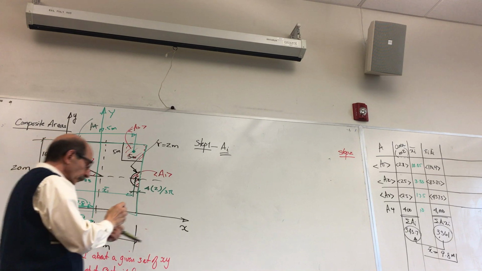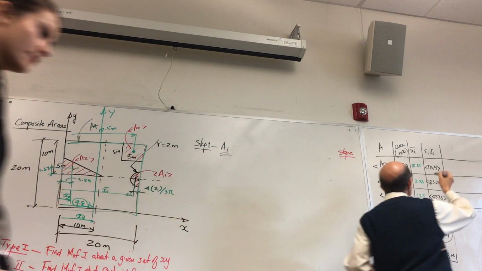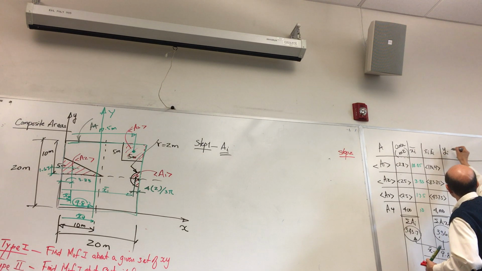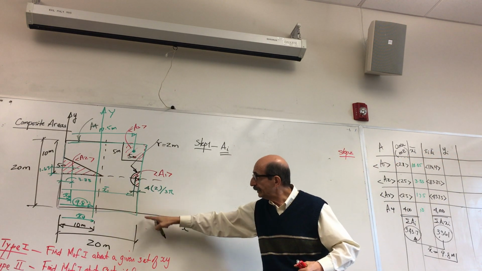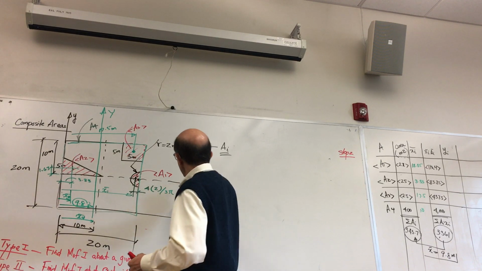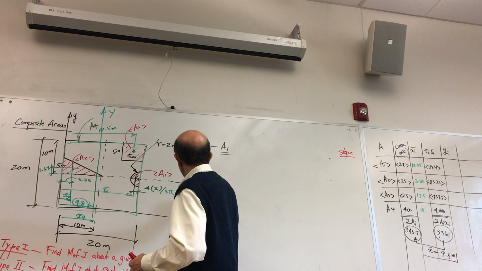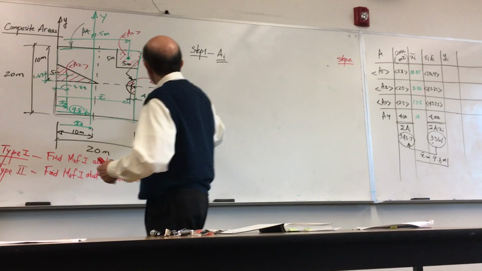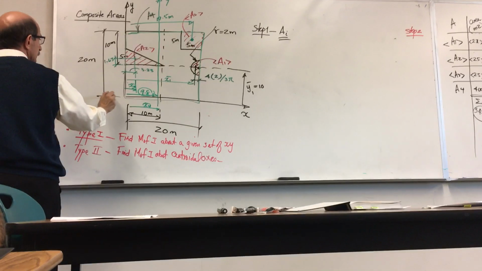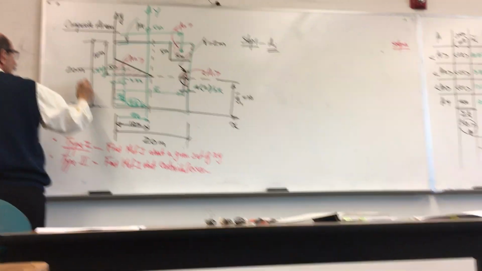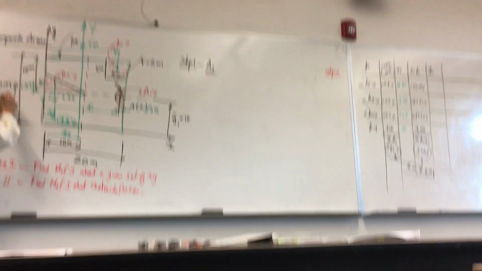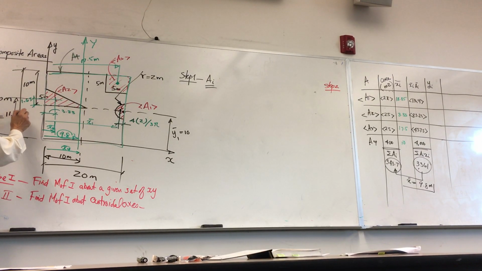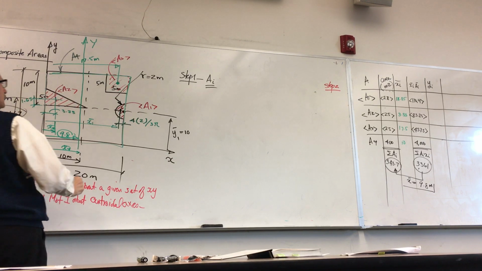So where is it located along this line? You need to find y bar, right? You remember that? So you find yi, okay? For this guy it is this, y1, which is 10. For this guy it is this, y2, which is 10 plus 1.67, so it would be that.